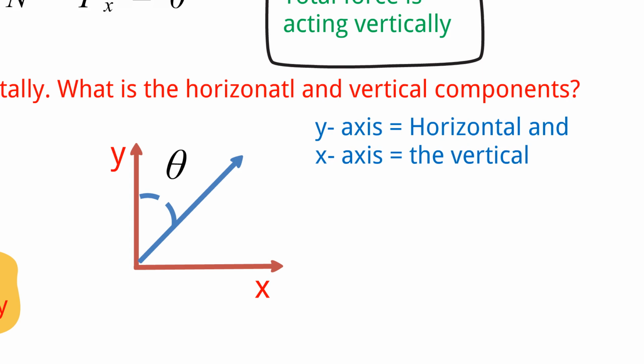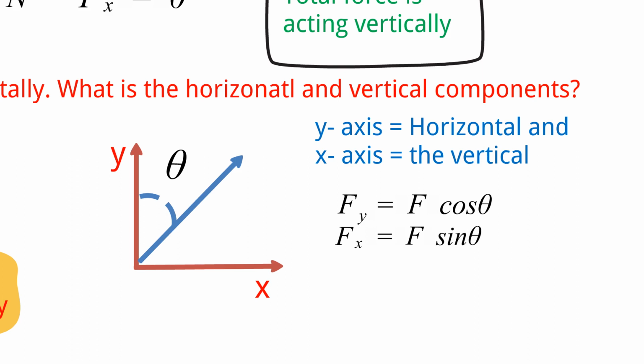Here you observe the direction with which the vector makes the angle; that is taken as the horizontal component and the other component is the vertical component. Here you can write the horizontal component Fy is equal to F cos theta and the vertical component Fx is F sin theta.